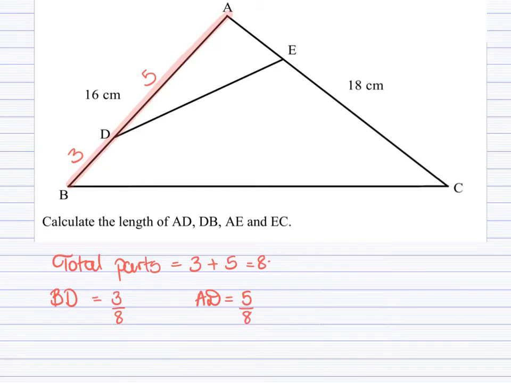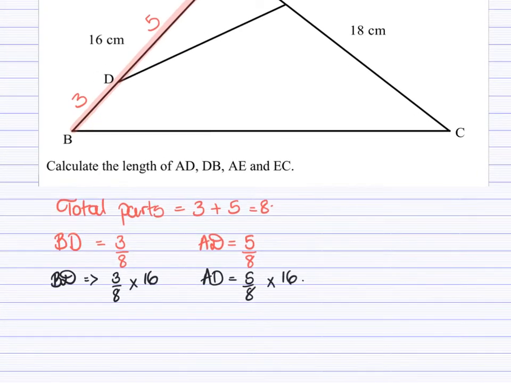Now we know that the 8 or the whole is 16 centimeters. To work out what BD would be in centimeters, we would multiply 3/8 by 16. For AD, we would multiply 5/8 by 16. BD would therefore be equal to 6 centimeters and AD will be equal to 10 centimeters.